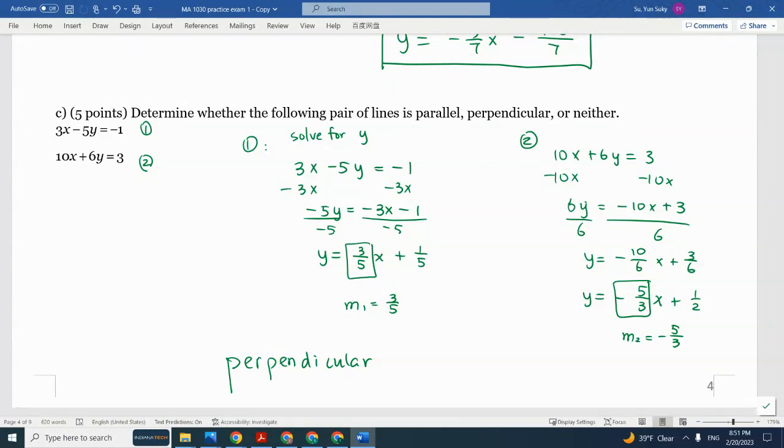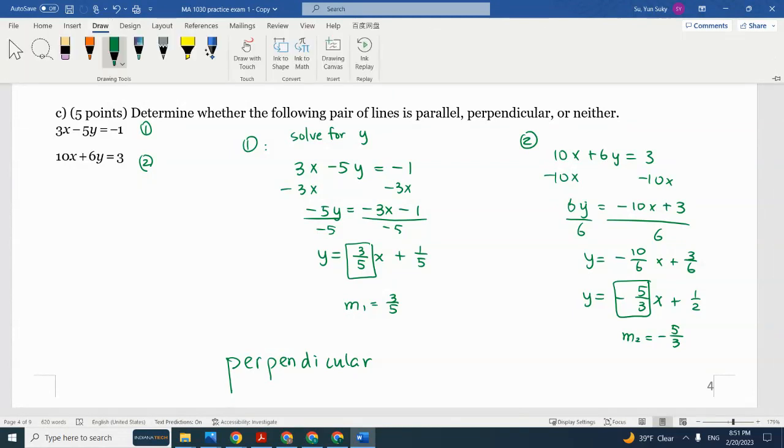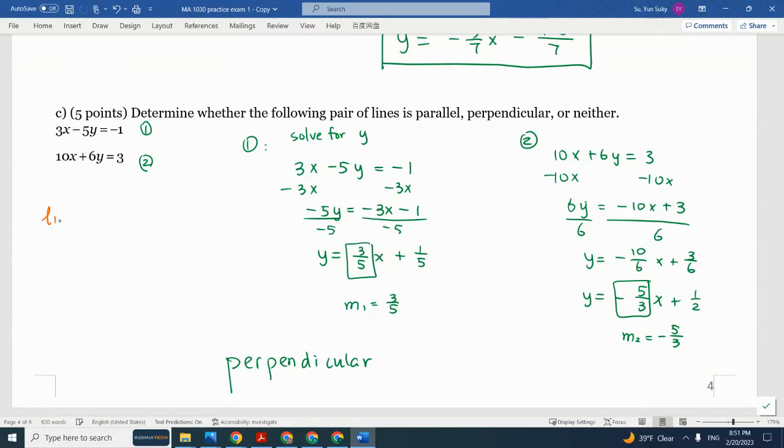Can you explain how they're perpendicular? Oh, okay. So if line 1 is parallel to line 2, then the slopes are the same. And if line 1 and line 2 are perpendicular, so they form a 90-degree angle, then the product of the two slopes equals -1.